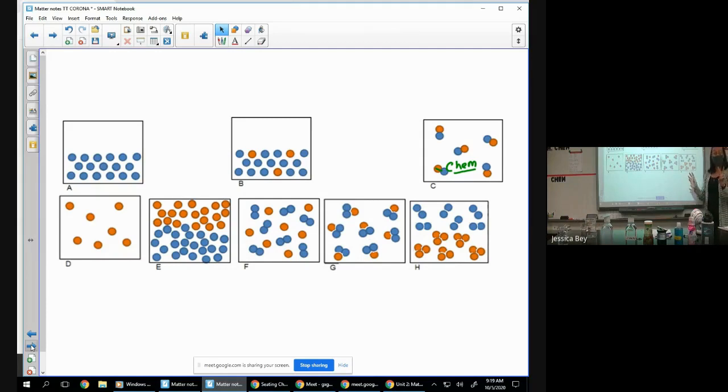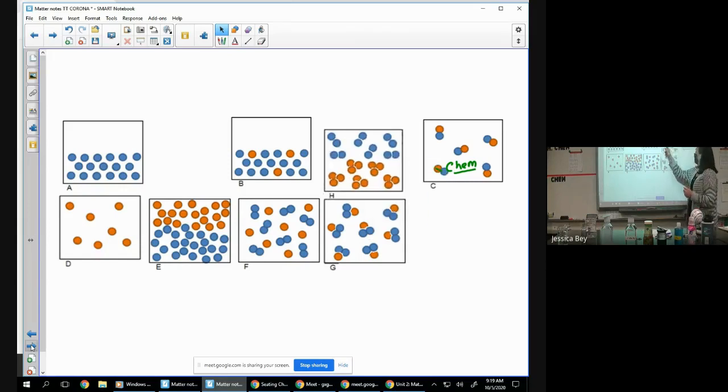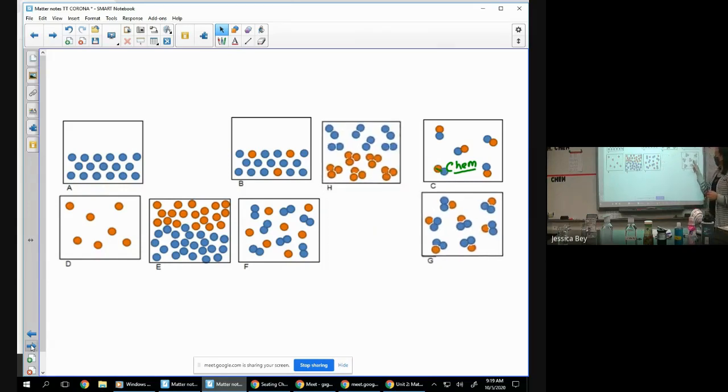It might not just be two things, maybe three. What else looks almost exactly like that? So it only has a very fixed ratio in it. Beautiful, very good. Do you see how these are obviously chemically combined, but every single one has the exact same ratio? Okay. Then we have these nice tough ones here.